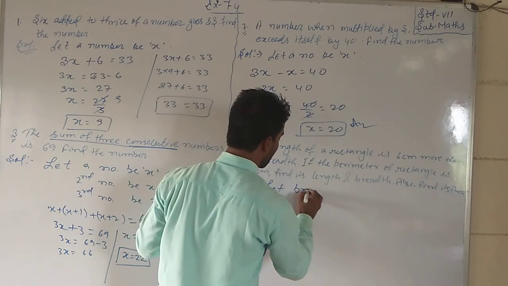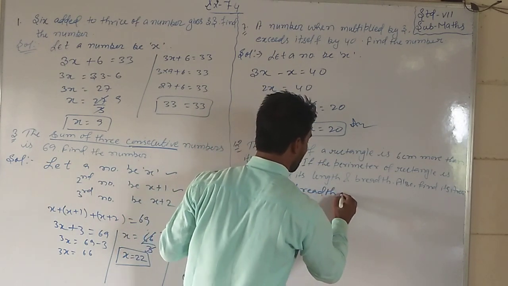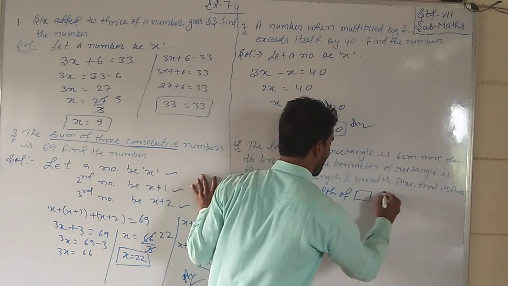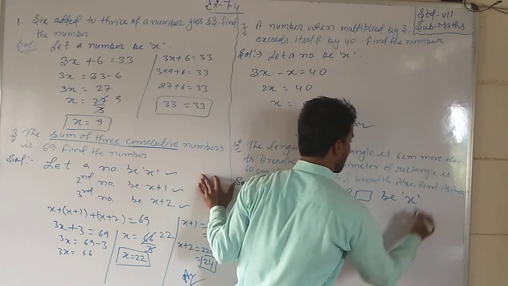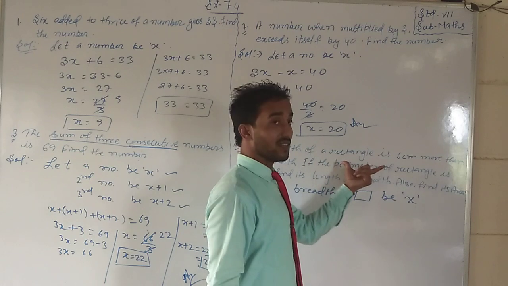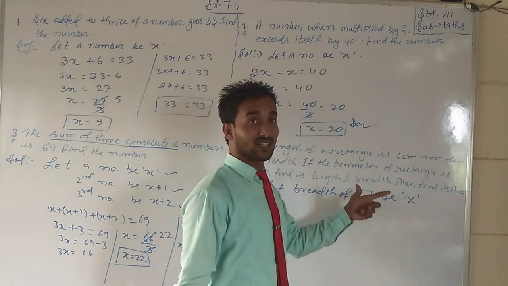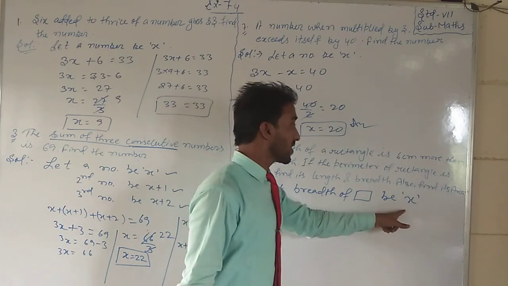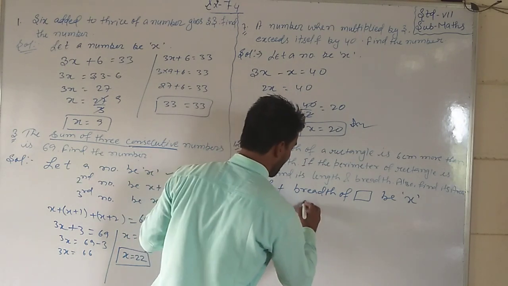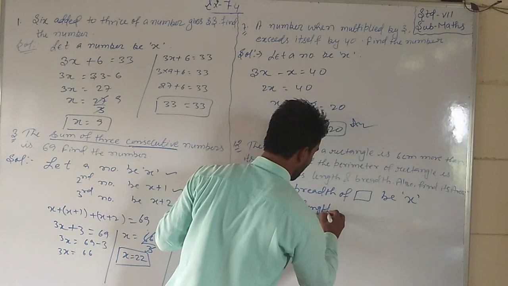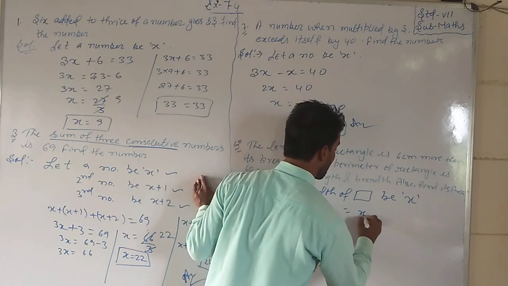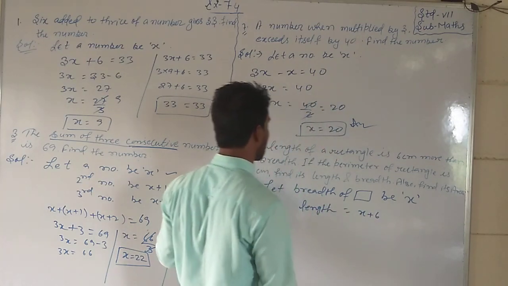Let the breadth of the rectangle be x. Why? Because the length is given 6 cm more than its breadth. So first of all we will let the breadth. So breadth is equal to x. Then length is equal to x plus 6.